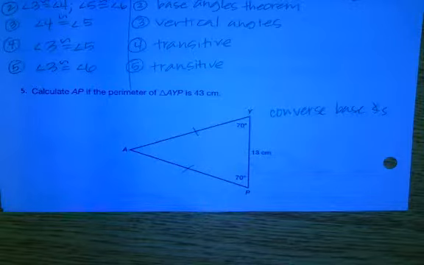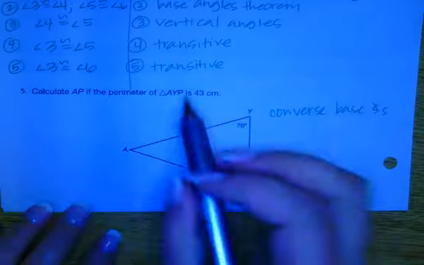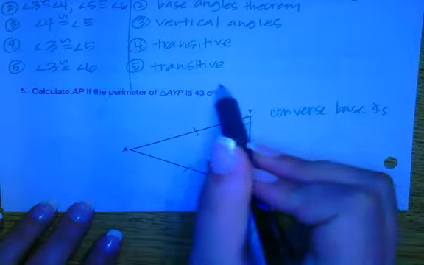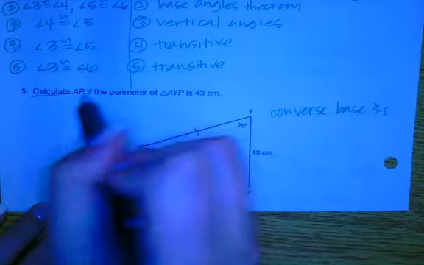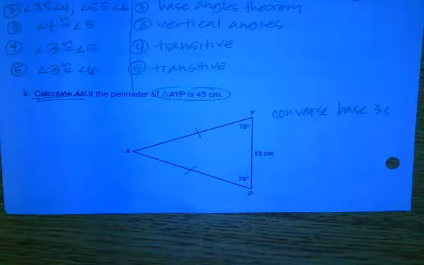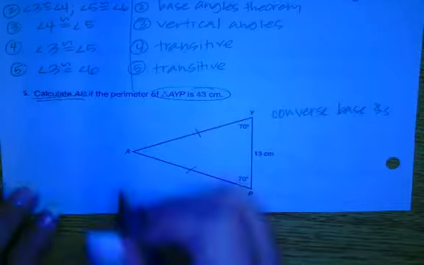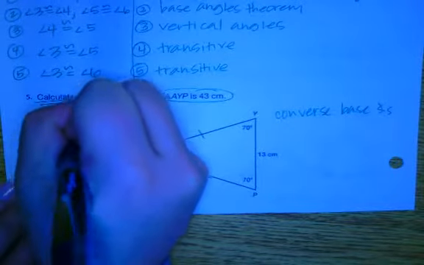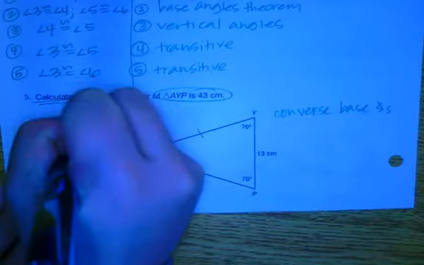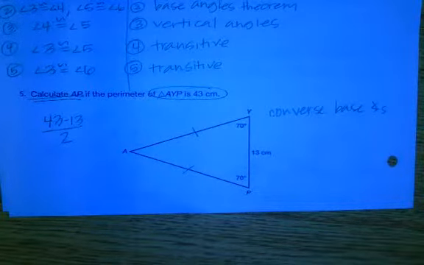Right? So how do we figure out AP if the perimeter is 43? 43 minus 13 divided by 2. Nice, that was almost in sync. 15.